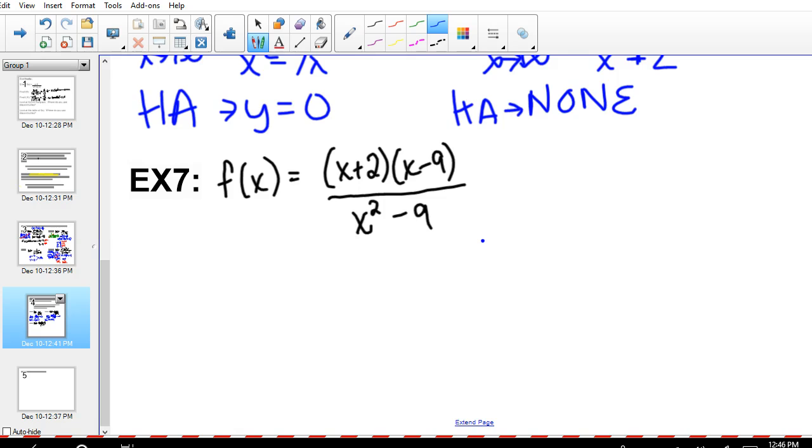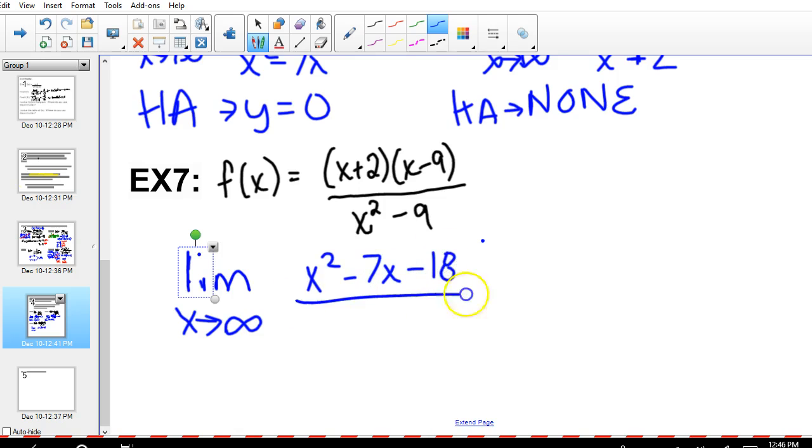All right, this last one, we would do the limit as x approaches infinity. That top part's not multiplied together, so it's going to be necessary for me to multiply those together. So that's going to be x squared plus 2x minus 9x, which will give me minus 7x minus 18 over x squared minus 9. Bigger on top, bigger on bottom, exponents are the same.